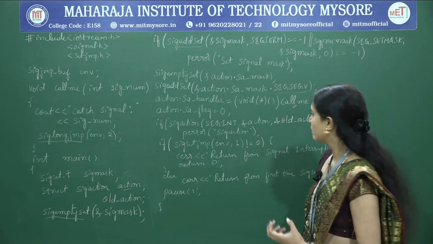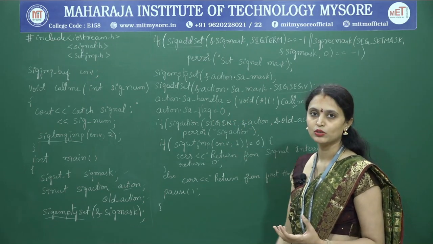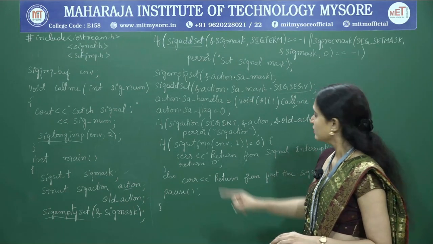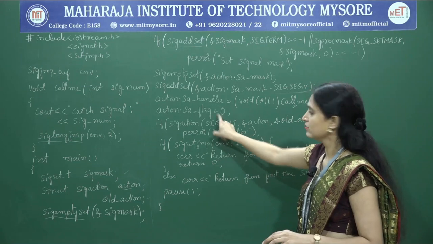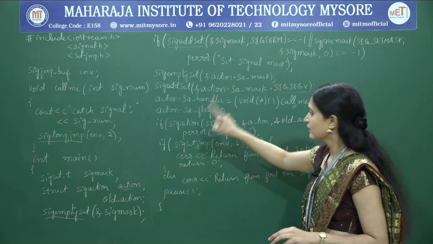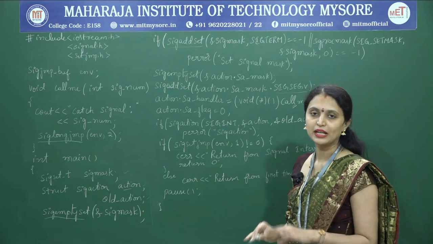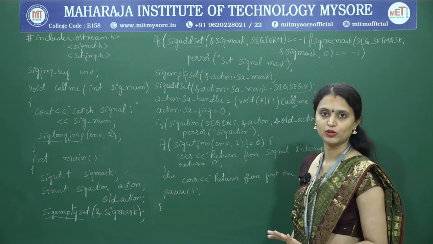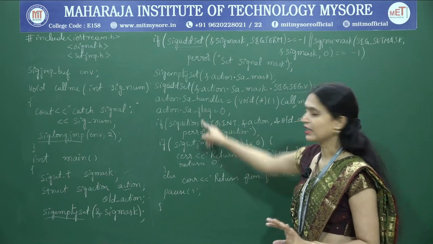The possible values for sa_flags are 0 or SA_NOCLDSTOP. Here I am initializing it to 0. It indicates that if the child process gets terminated or stopped, then the parent process will be notified by the signal. So 0 for sa_flags indicates that.